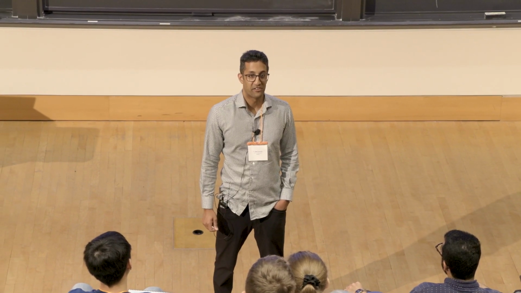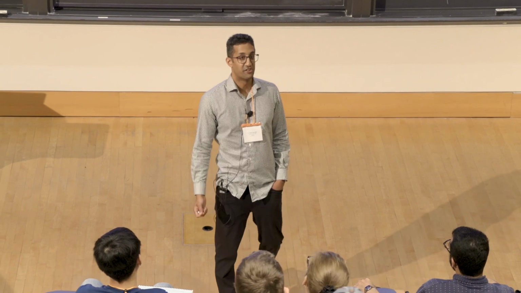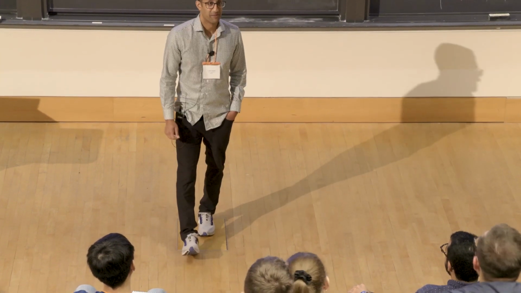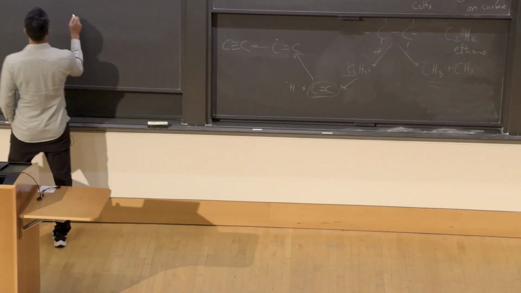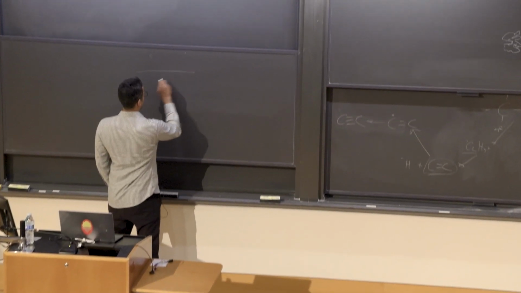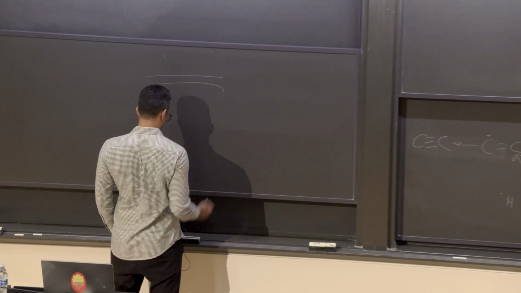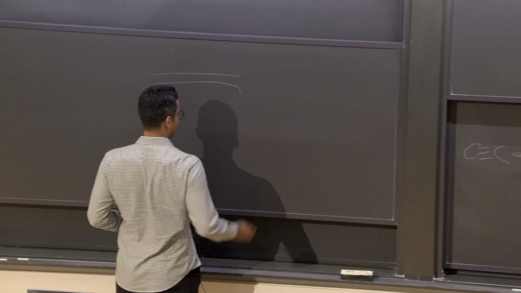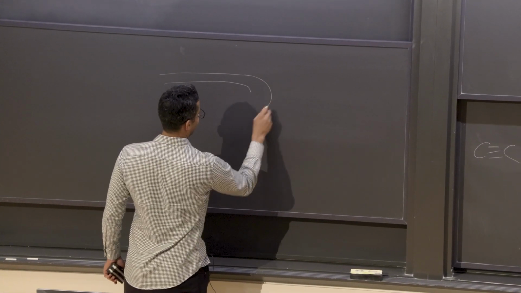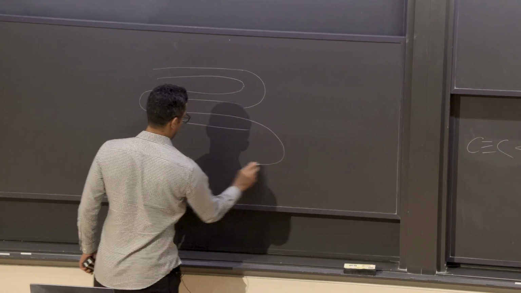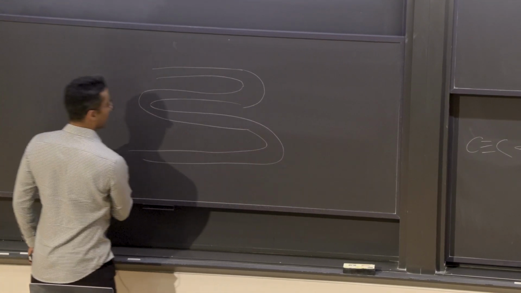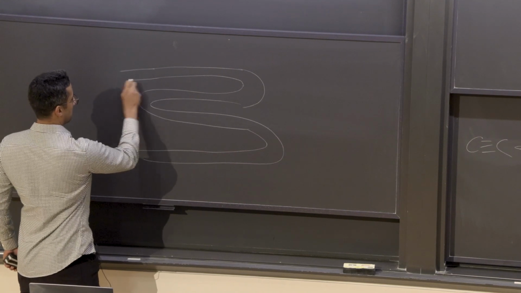Okay. Yeah, it's a very big heat exchanger, actually. It's a shell and tube heat exchanger. I'm very bad at drawing, sorry. Let's just say it looks like this. So this is a tube.